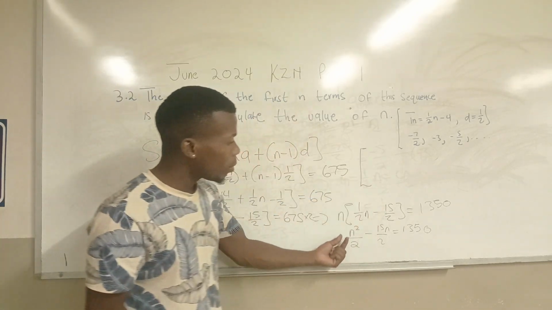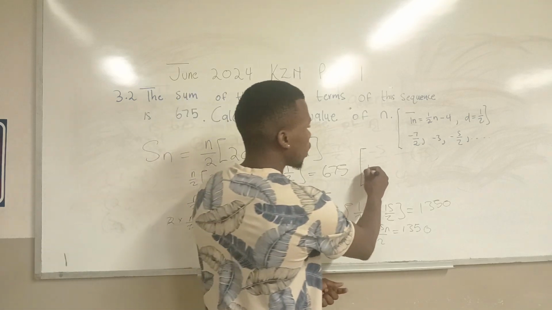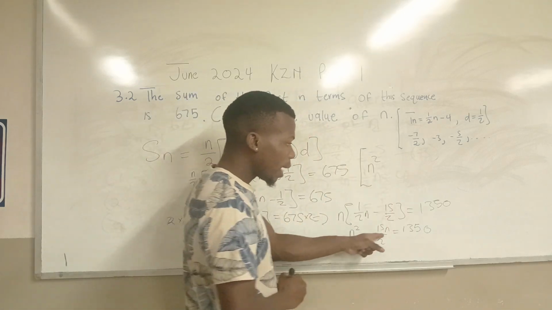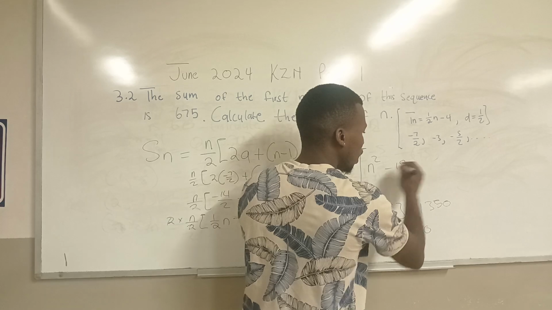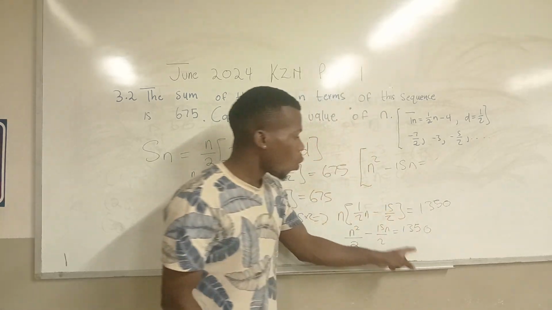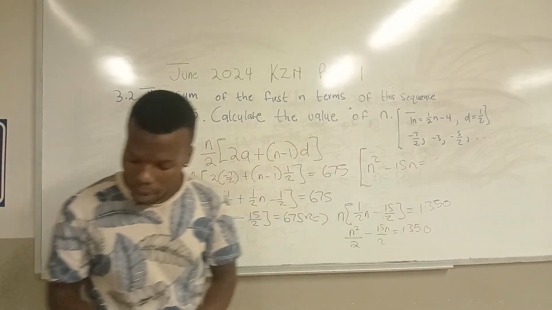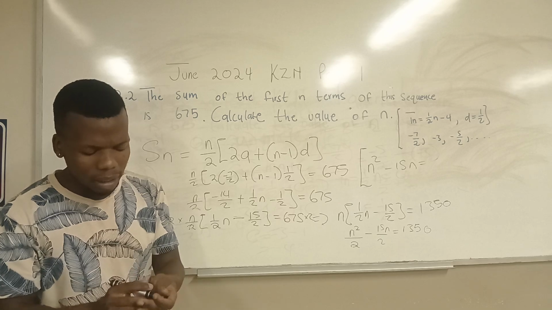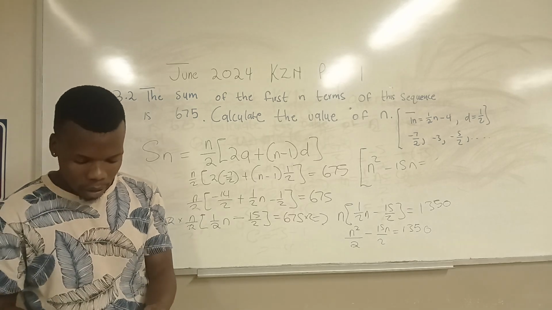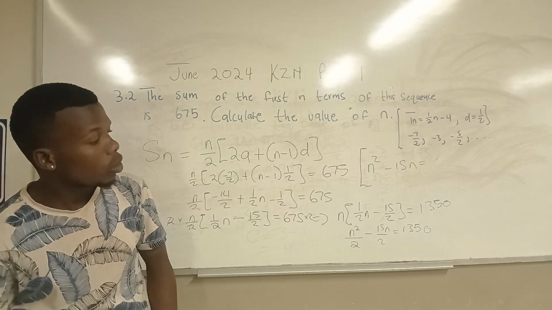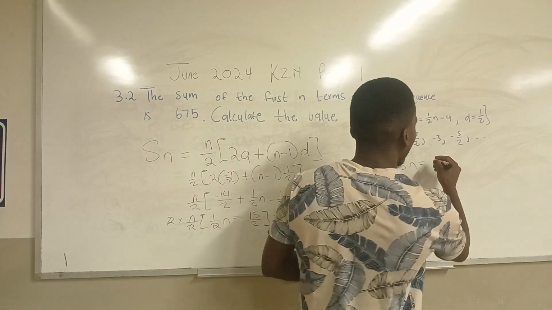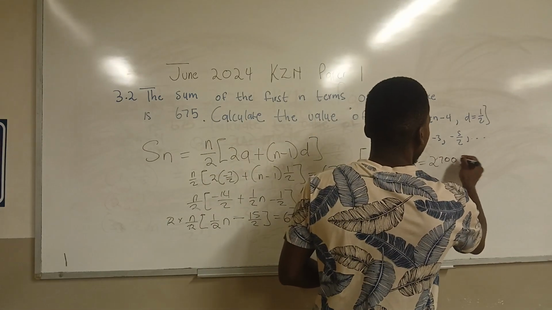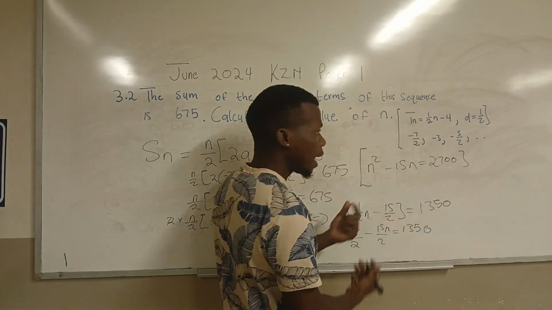If I multiply by 2 both sides, I will get n squared minus 15n, which equals 1350 multiplied by 2. I think it's 2700. Yeah, this is 2700.